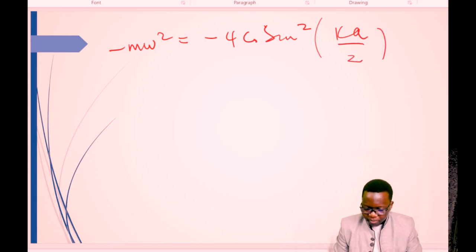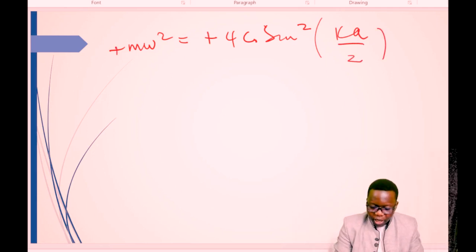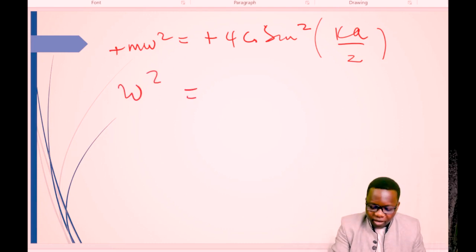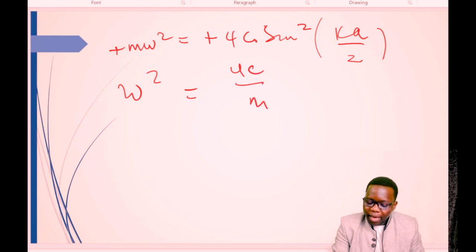So minus and minus go away, and I divide all by m. I have omega squared equal to 4c over m times sine squared ka over 2.